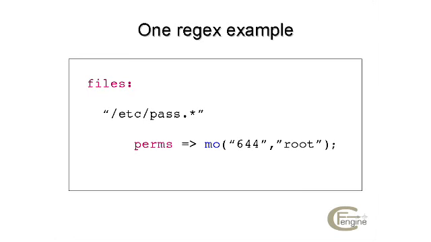So if we have etc password, this will have these permissions. etc passwd dog will have these permissions. etc password dot backup would have these permissions. Anything that matches this regular expression, anything starting with pass in the etc directory would be promised to have these permissions.